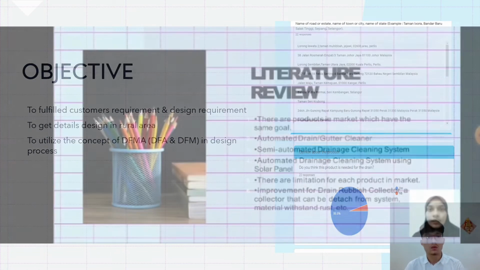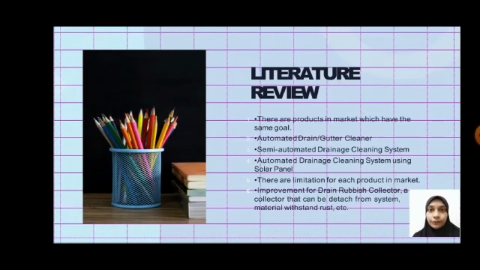Thank you. I will present on the literature review. There are some products in the market which have the same goal as our product, which are the automated drain or gutter cleaner, the semi-automated drainage cleaning system, and the automated drainage cleaning system using solar panel.